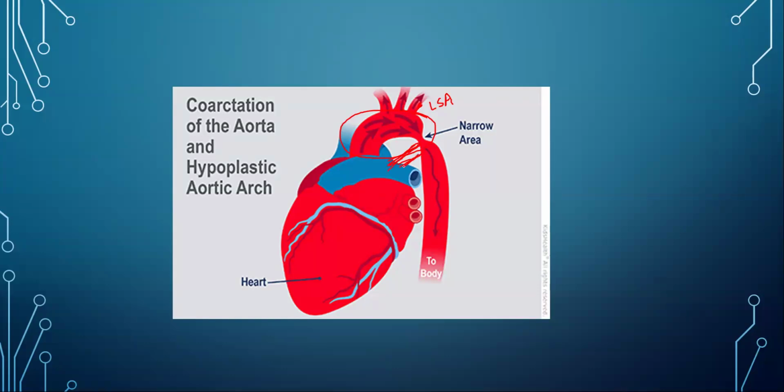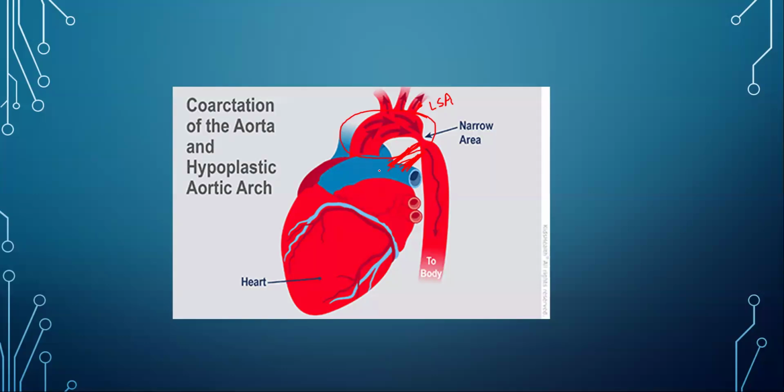So if you can keep the ductus arteriosus open, then at least some blood flow will be there. So blood will flow in and out of this, like aorta and the pulmonary artery.